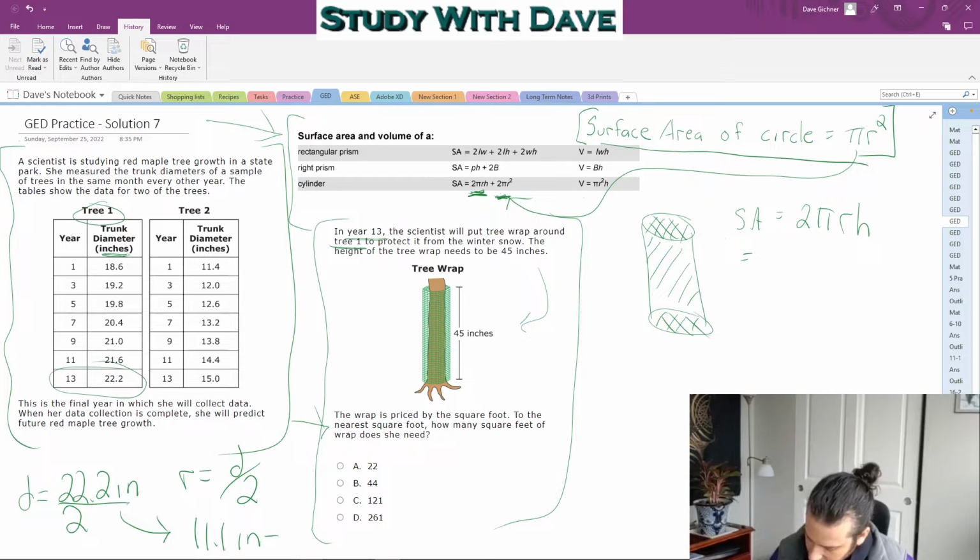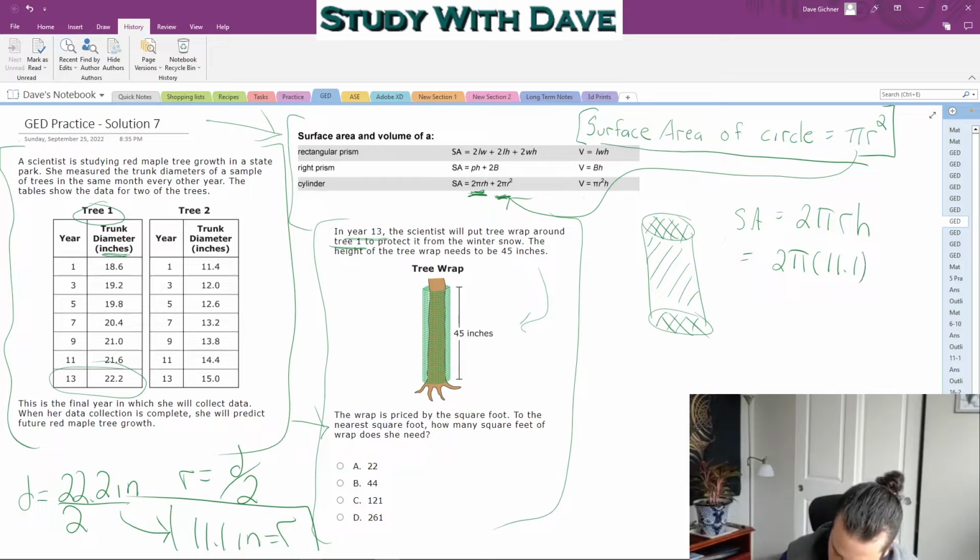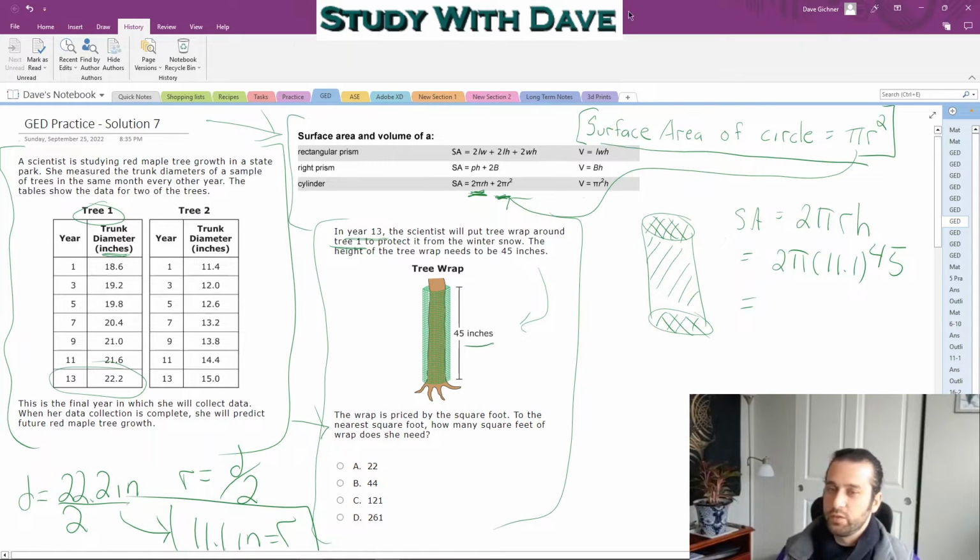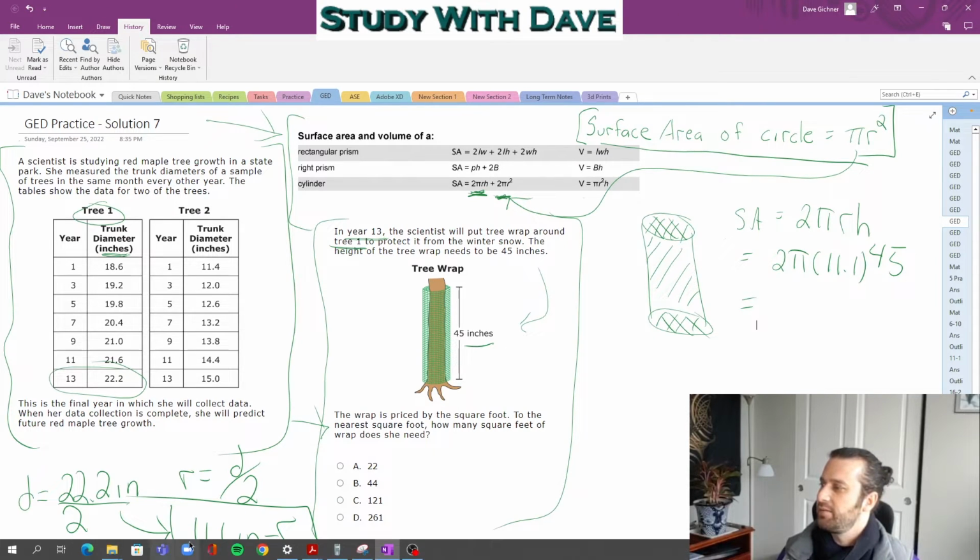So that's equal to the radius. Okay? So we can basically just say 2 pi times 11.1, and the height is also in inches, so we just go ahead and say 45, and that is equal to, let's bring out our calculator.